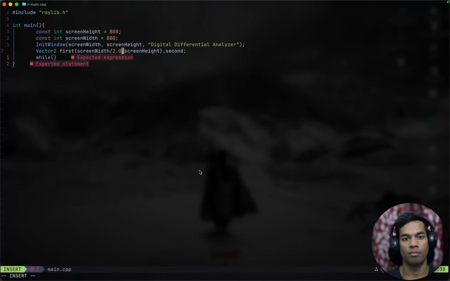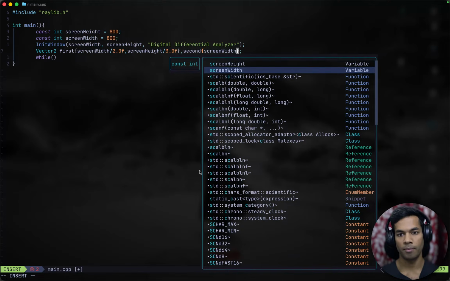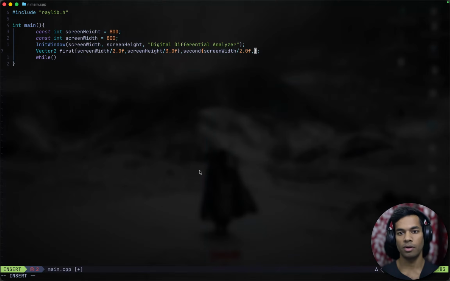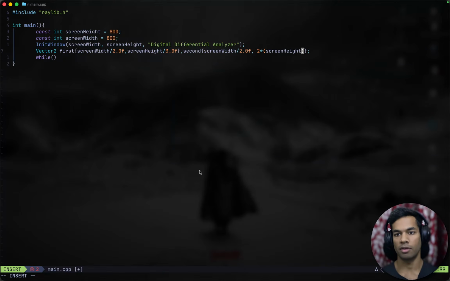So width divided by 2.0f, and height divided by 3.0f. And the second one would start at the same width by 2.0f, and the height would be 2 into screen height divided by 3.0f.